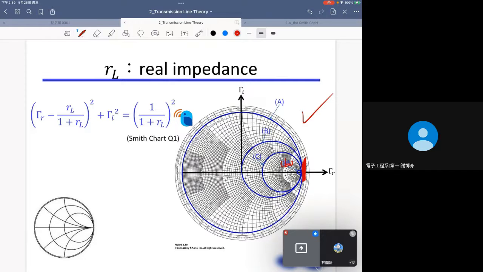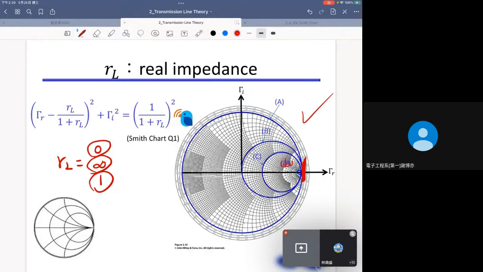What if RL equals 0, or infinite, or 1, what is the circle then?